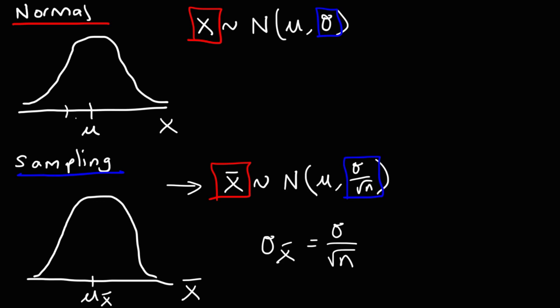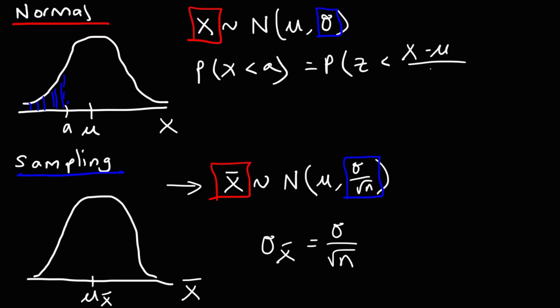Now let's say we want to calculate the probability that x is less than a. To do that, we need to calculate the probability that z is less than x minus mu over the standard deviation if we have a normal distribution.